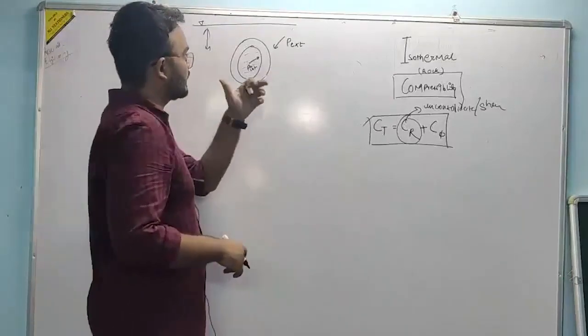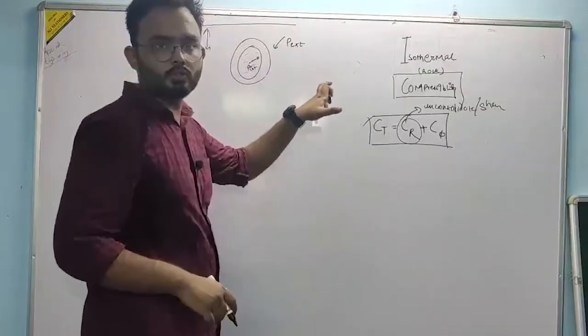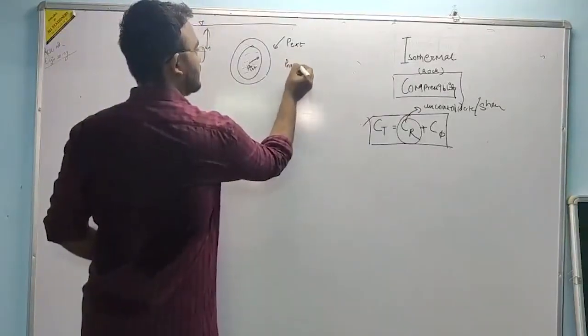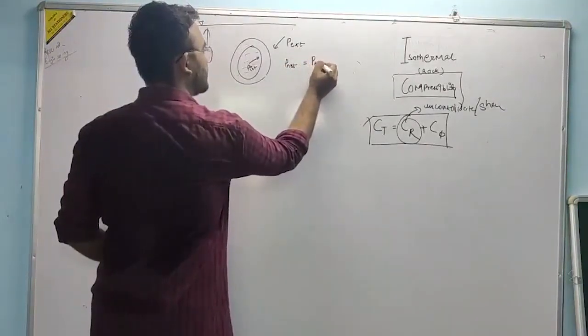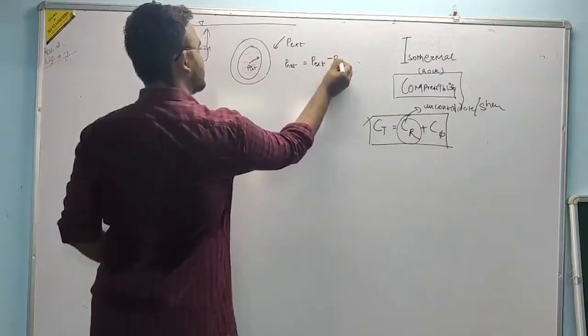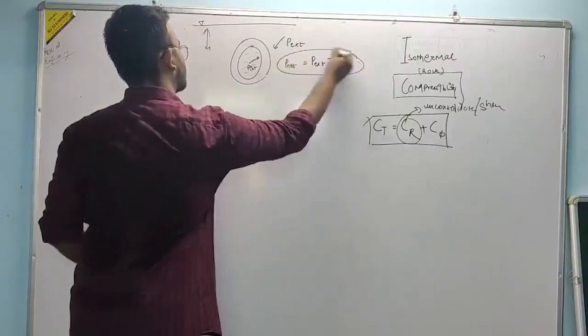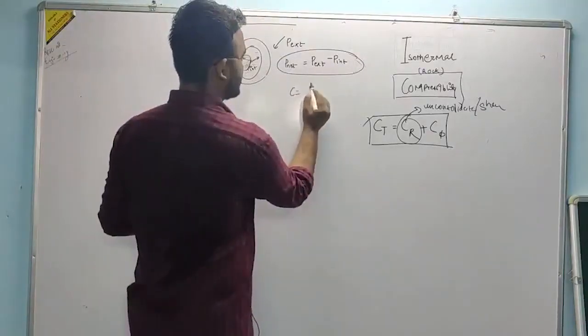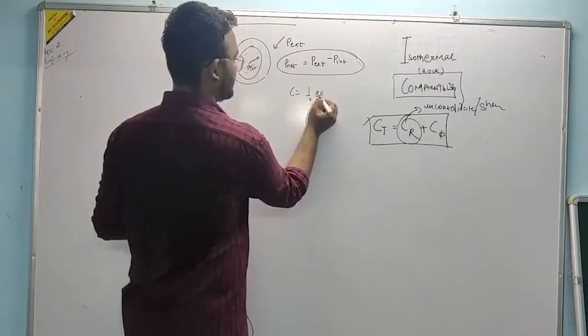So these absolute values of pressure are not important. What's important is the P net, which is P external minus P internal. Important where? In the definition, you can see 1 by V del V by del P, right?